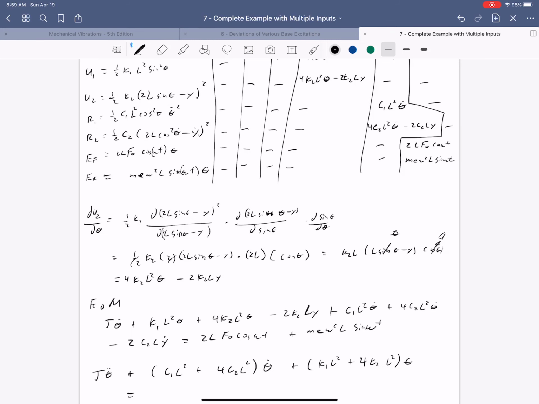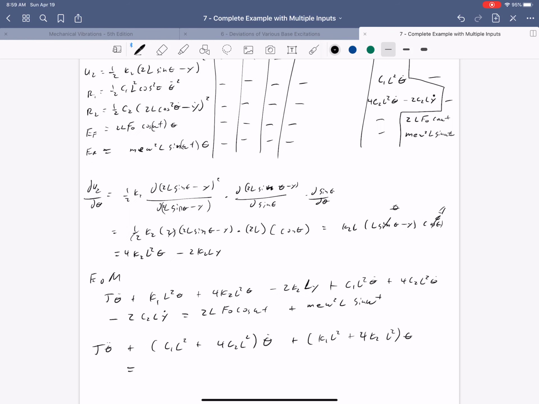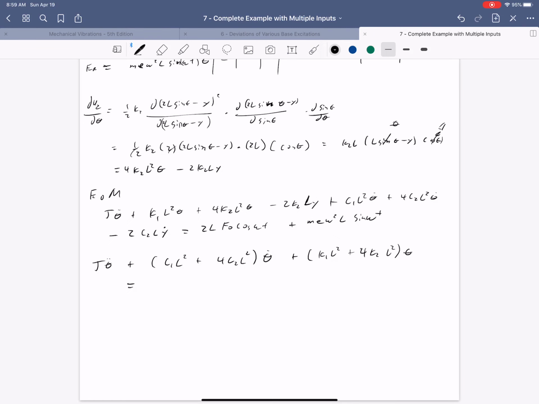Make sure there's a y dot there. Equals 2C2 L y dot plus 2K2 L y plus 2L F naught cosine ωt plus M E ω squared L sine ωt, same form as before.